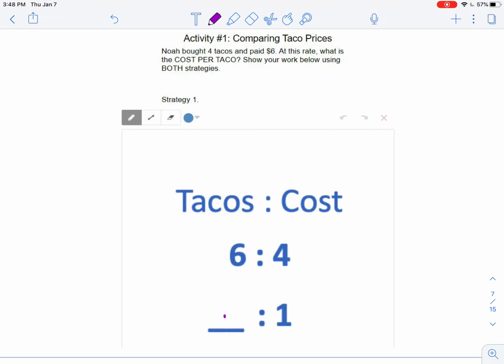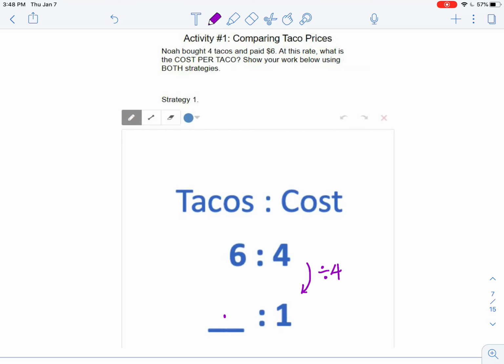So we know that the ratio of tacos to cost is 6 to 4, and we're trying to find the cost per one. Now, I can see that the relationship between 4 and 1 can be described as 4 divided by 4 equals 1.